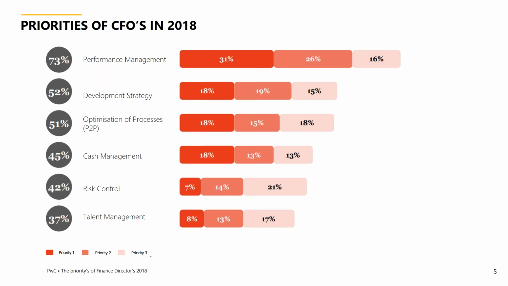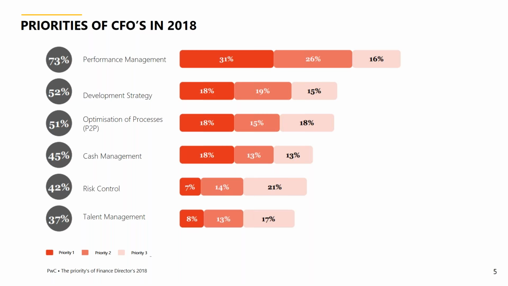Then things like the treasury aspects around cash management. So we've got the money that we want to have to be able to pay suppliers on time, or we might want to go to them early for discounting, etc. We have risk control.